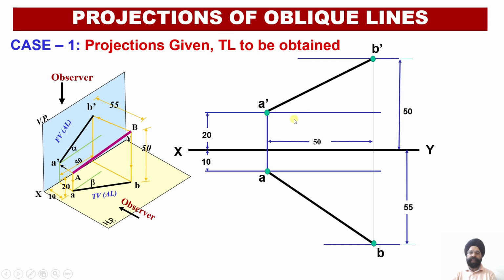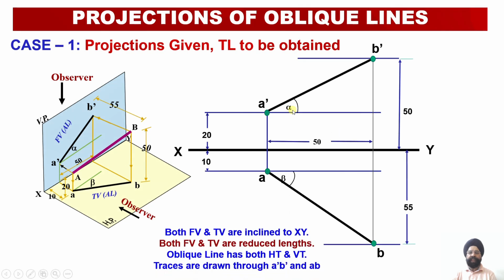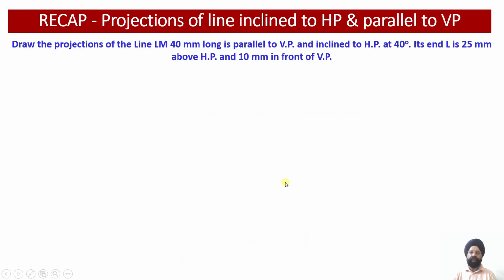That is why you get the inclined apparent length in the front view and the inclined apparent length in the top view. The angle of inclination of the front view with the horizontal plane or the XY line is called alpha, and the angle of inclination of the apparent length in plan with respect to VP or the XY line is called angle beta.